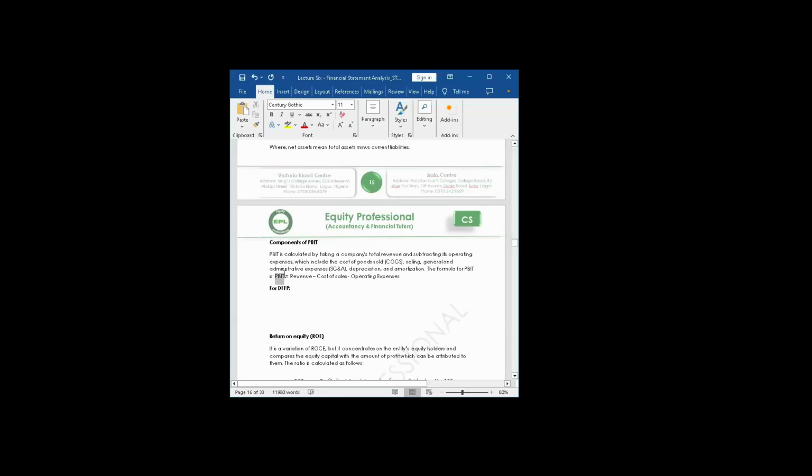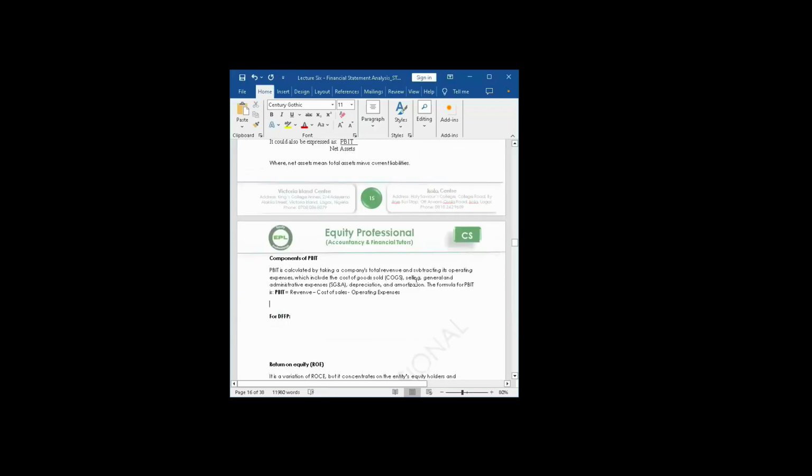Someone in the class got confused and said gross profit. While our net assets is equal to total assets minus current liabilities. So you can check your document.